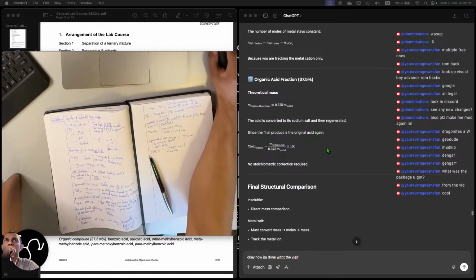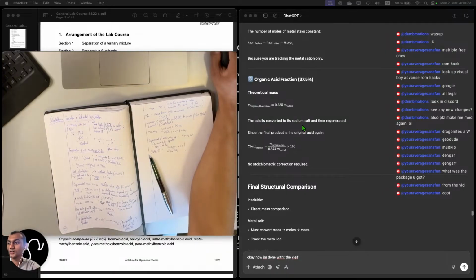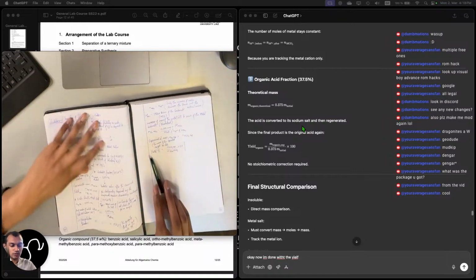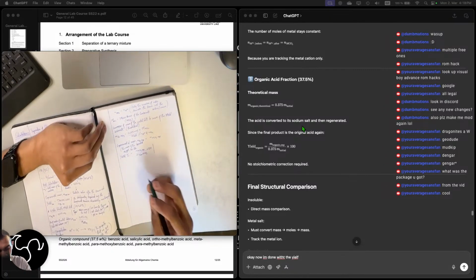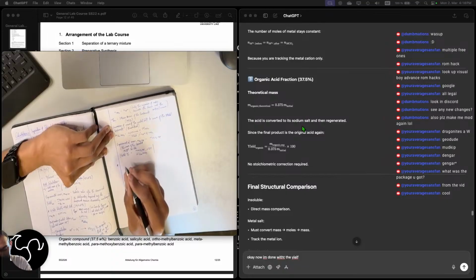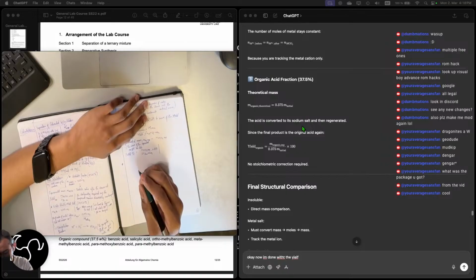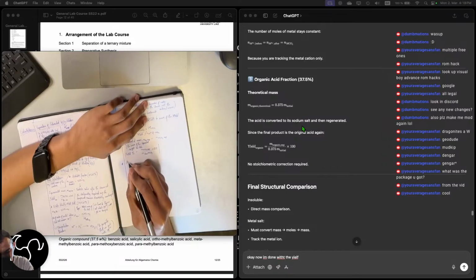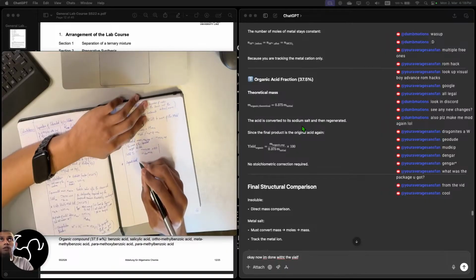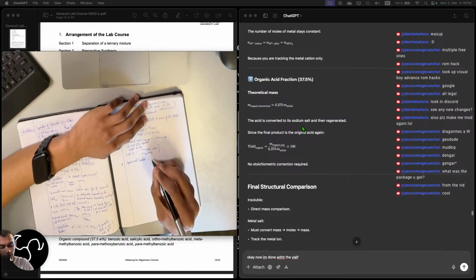It's just like the insoluble acid is converted into sodium salt and then regenerated. So I'm guessing not a lot is lost, right? Organic acid fraction 37.5.